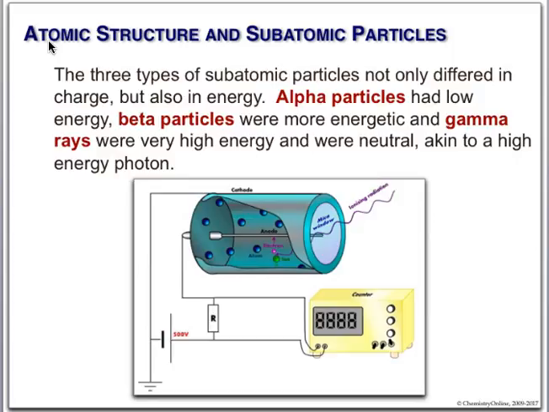We can detect beta and gamma particles using what's known as a Geiger counter. Again, chapter 11 will go into this in much greater detail. As these particles enter, they're called ionizing radiation. As they pass through the gas in the Geiger counter tube, they ionize it.